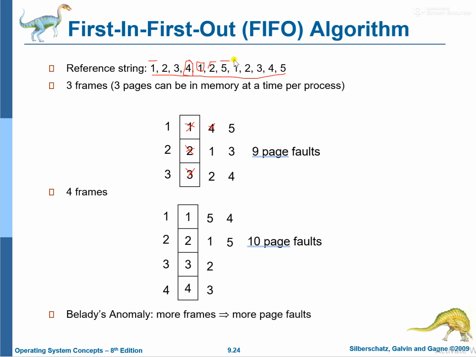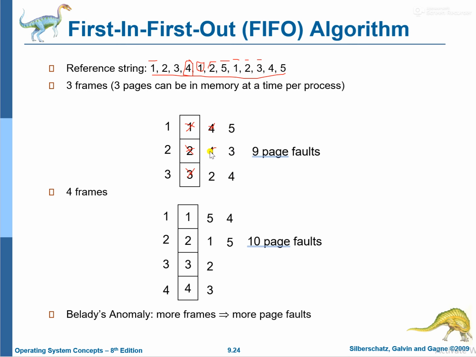Okay, now 1 is required and 1 is already present in the memory, so there is no page fault for it. Then 2 is required, 2 is already there in the memory, no page fault for it. Okay, then 3 is needed and 3 is not present here. Currently what we have in the frames is 5, 1, 2, so we need to bring 3.